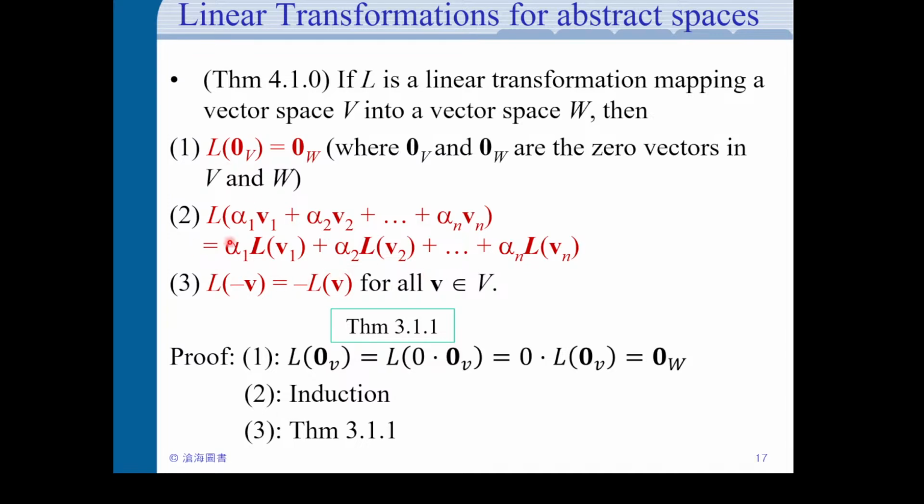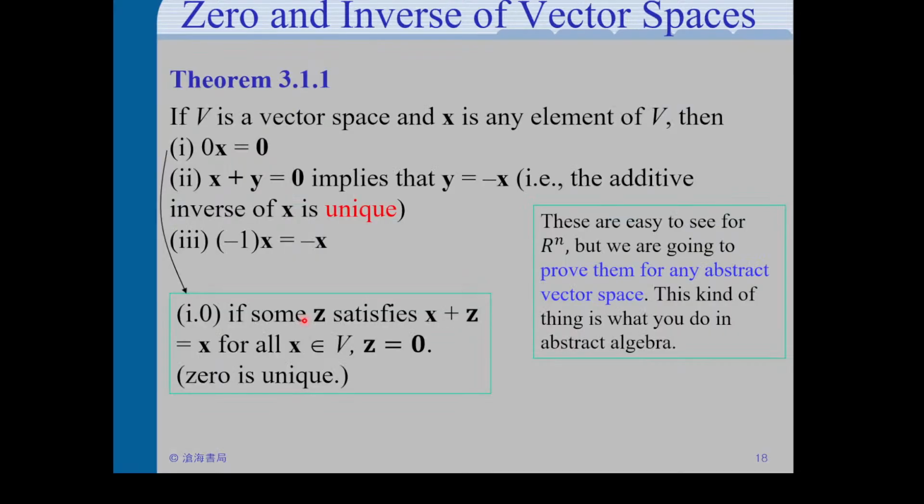And then 1 and 3 are a bit harder. We need to remember theorem 3.1.1, which says that if you multiply a vector by the scalar 0, you get the 0 vector, and also multiplying a vector by -1 gives you the minus vector.